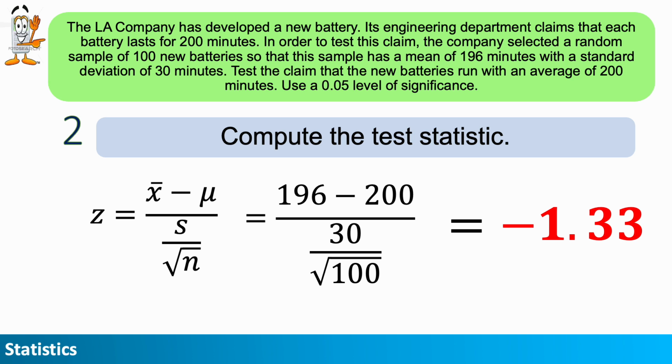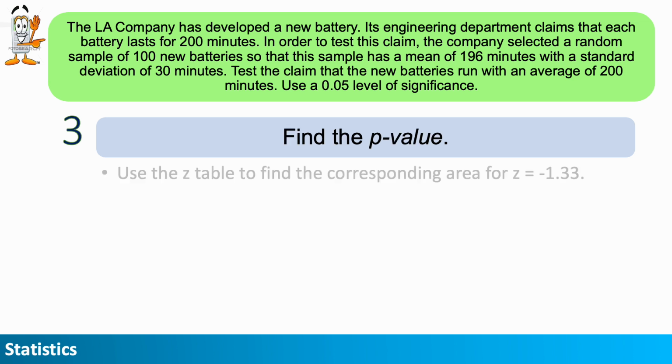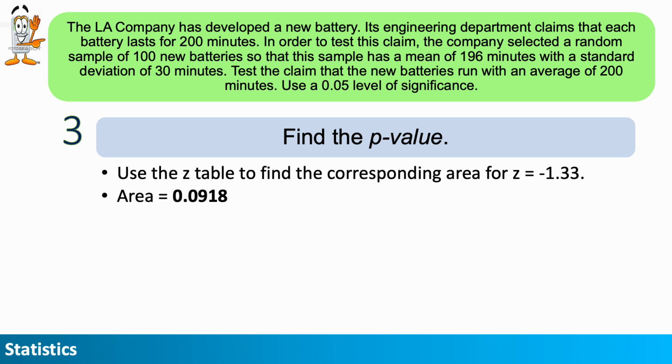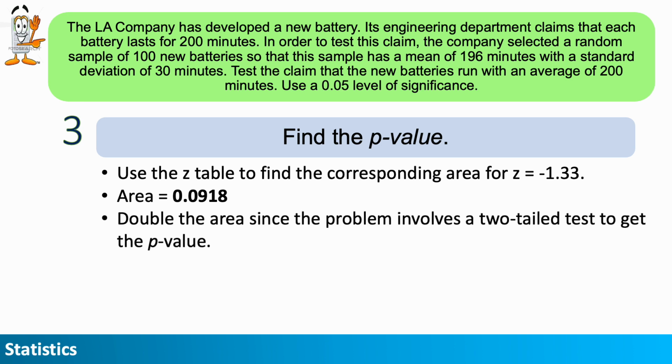Use your z table to find the area under the curve. The area under the curve is the probability of finding this value. Probability starts with the letter P. That's why the probability or the area is also called the P value. But since it's two-tailed, after getting the P value of 0.0918, we multiply it by 2.